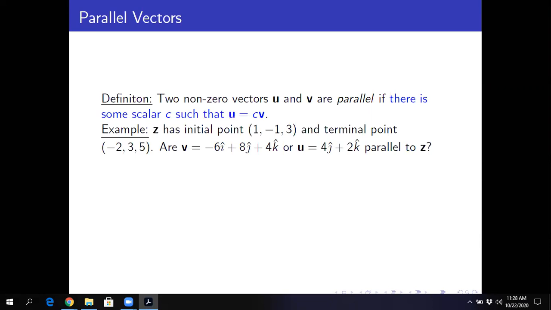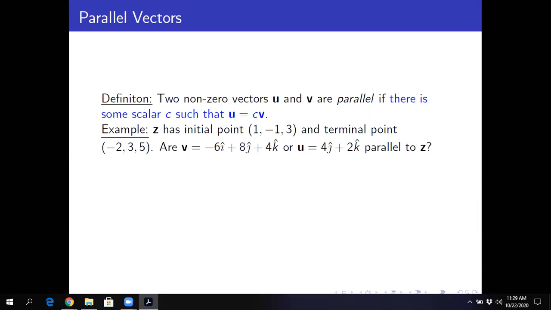Now, by the way, notice u doesn't have an I in it, does it? So what does that mean the coordinate for x is for the vector u? 0. There's no movement in the x direction. There's 4 units of movement in the y direction and 2 in the z direction, but none in the x direction. So are those two vectors parallel to this vector z?